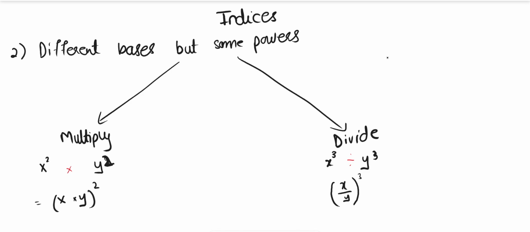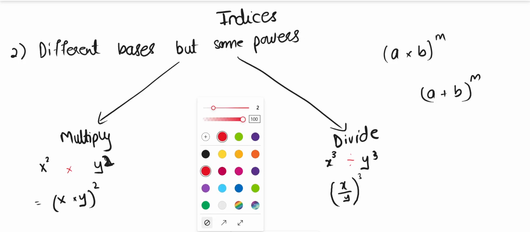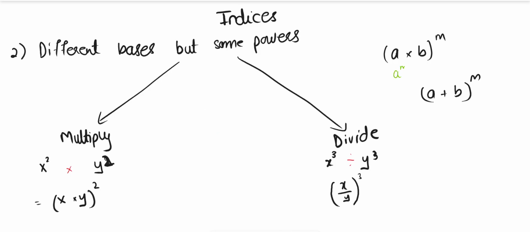For example, a multiplied by b raised to the power of m. And if I tell you a plus b raised to the power of m, what's going to be the difference? Yes, this is going to be a raised to the power of m, after that multiplied by b raised to the power of m.